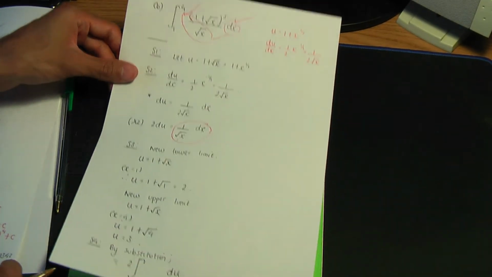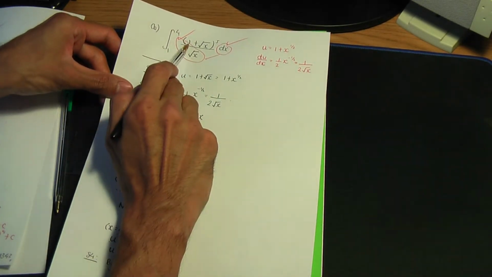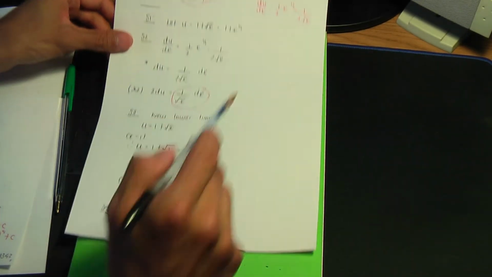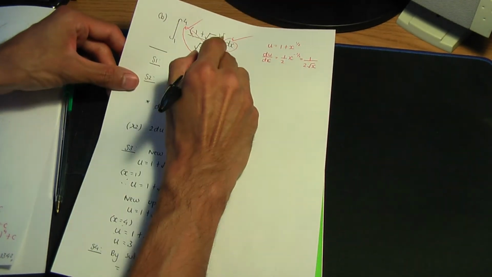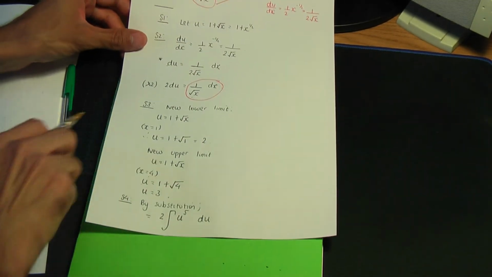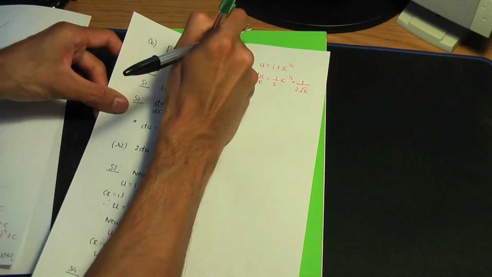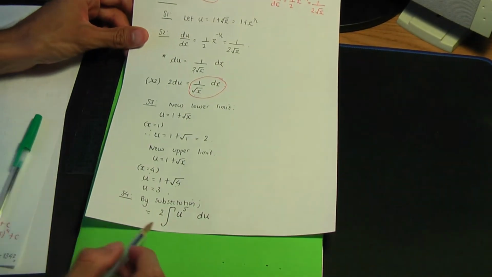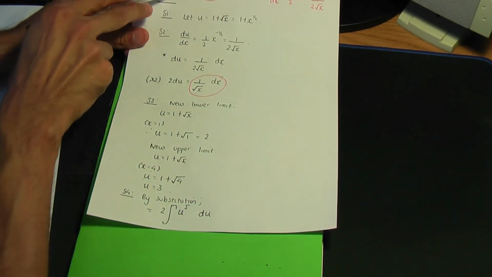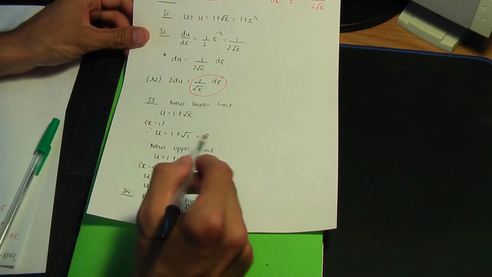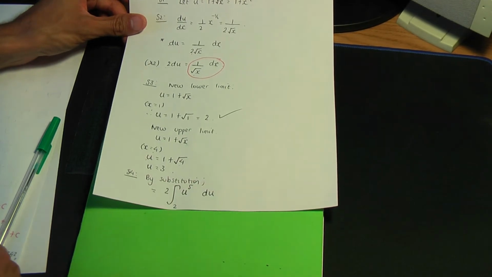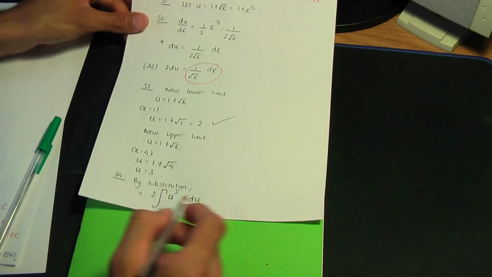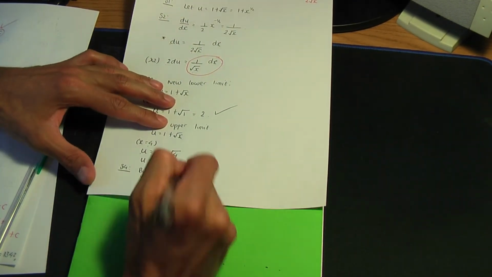I'm left with a 1 plus root x, and 1 plus root x is u, so I'm going to have u to the power of 5. So all of my terms have been replaced, but don't forget the limits. New lower limit is 2, so 2 goes here. New upper is 3, 3 goes here.